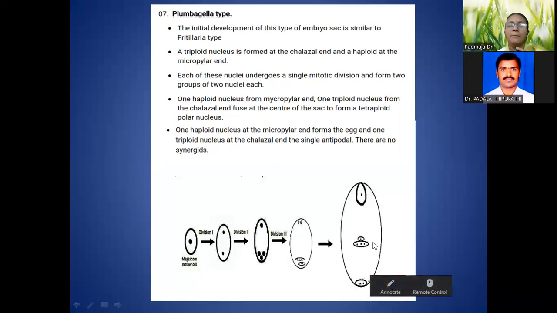So it is a pentaploidy condition. So they may ask the question, what is the chromosome number in this type, in this Plumbagella or Fritillaria or Drusa type? Questions like that may be asked regarding the embryo sac.